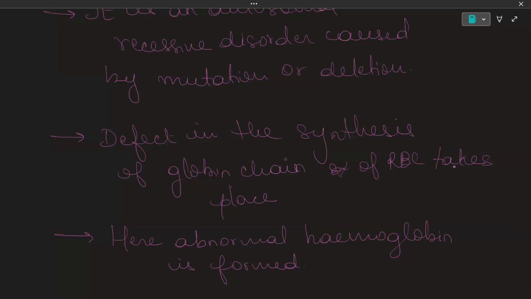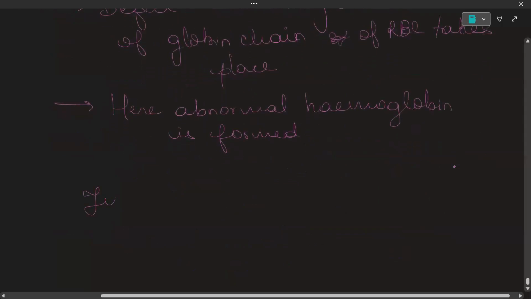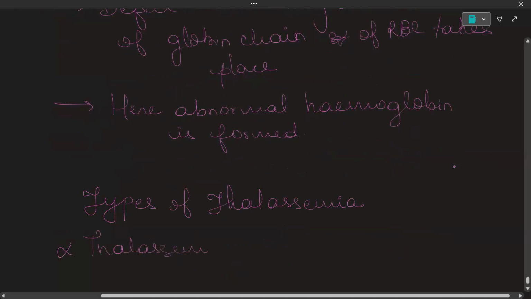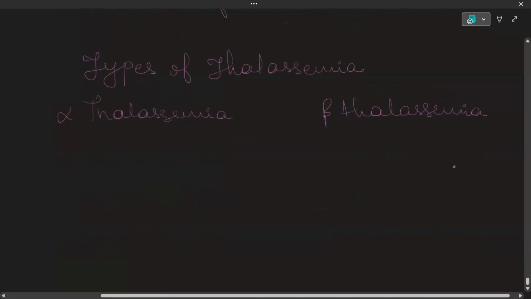Now, thalassemia can actually be classified into two types. We'll have to see the types of thalassemia. The first one is alpha thalassemia. The second one is beta thalassemia. And these are the two types of thalassemia.